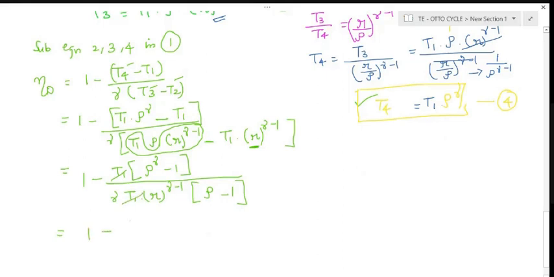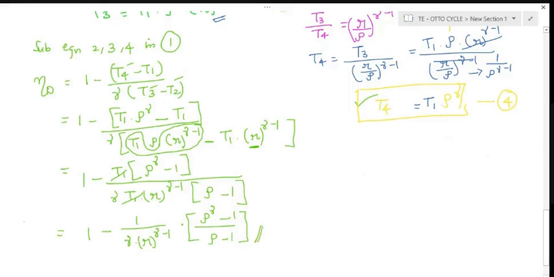So 1 minus 1 divided by gamma into R power gamma minus 1 into the remaining term, rho power gamma minus 1 divided by rho minus 1.